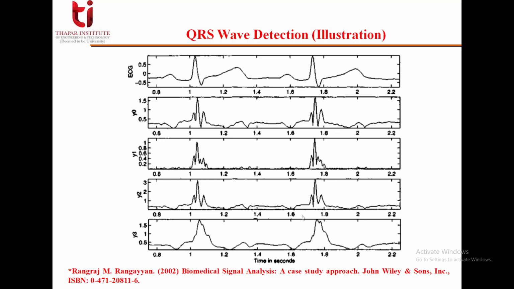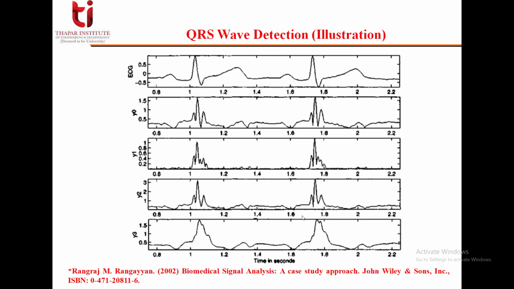The first derivative we calculate is y0, the first derivative of that ECG signal. After that we compute y1, the second derivative, or the next derivative of y0. You can see that here.